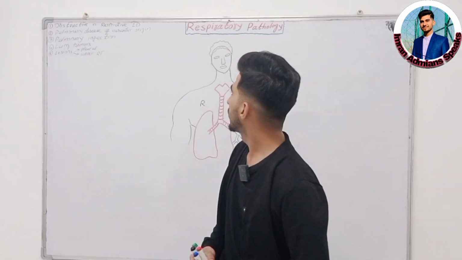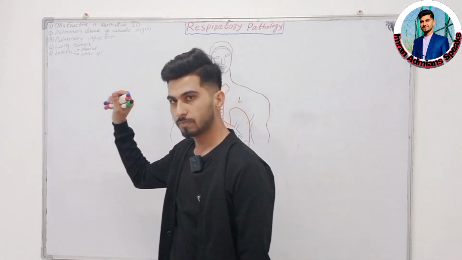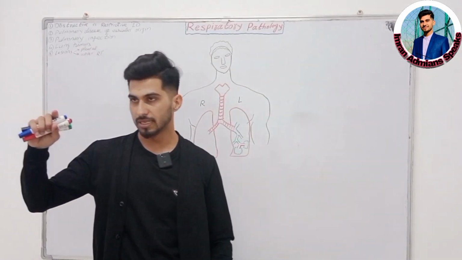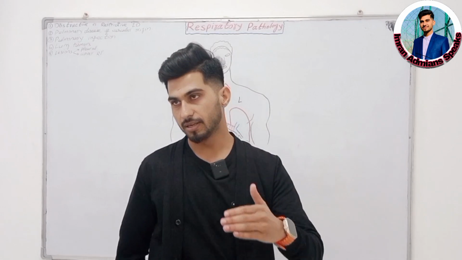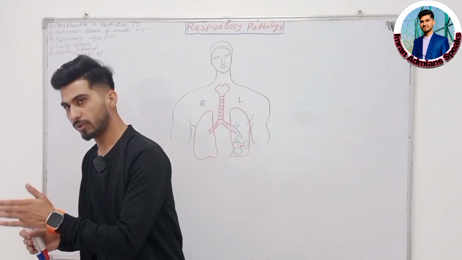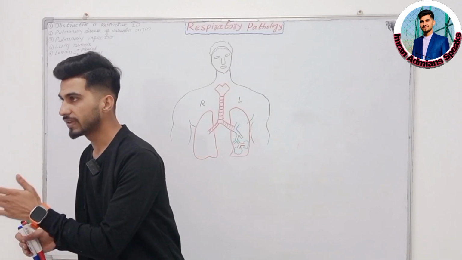So today we are going to start the pathology of respiratory system. Previously we have discussed embryology. We have discussed in detail that in the embryonic stage the lung bud appears during the fourth week of gestation.